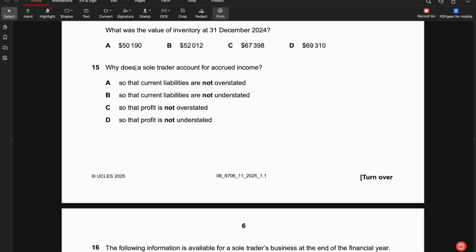So why do we do that? So that the profit is not understated. Because this is the income I already earned, I should be including that. So your correct answer for 15 is D.